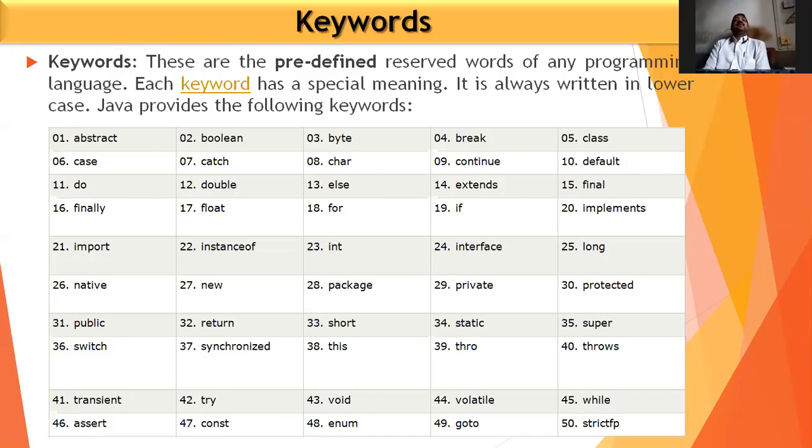Java provides the following keywords. We know that there are 32 keywords in the C language, but here there are 50 keywords. Let us see all those keywords.